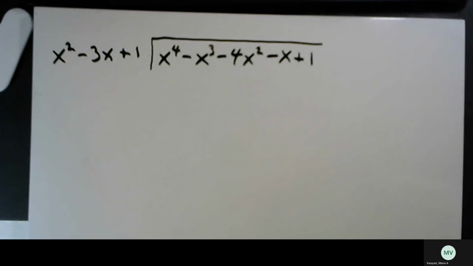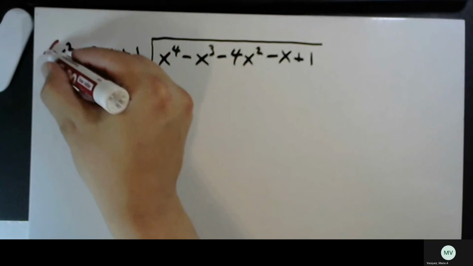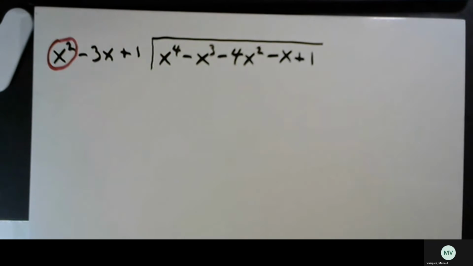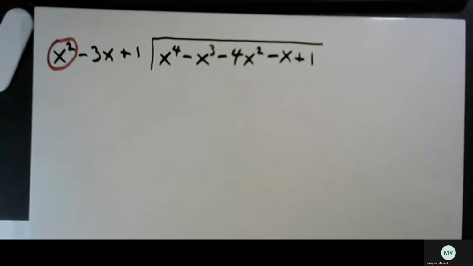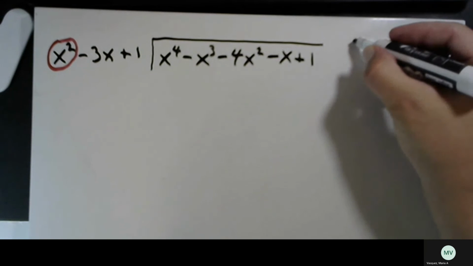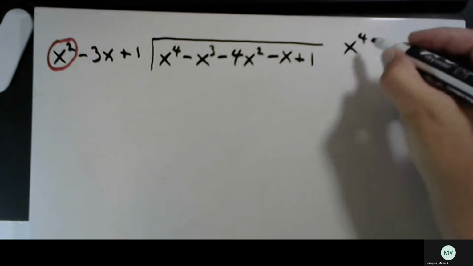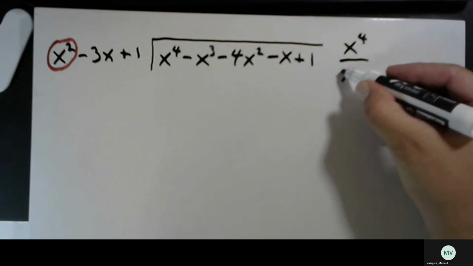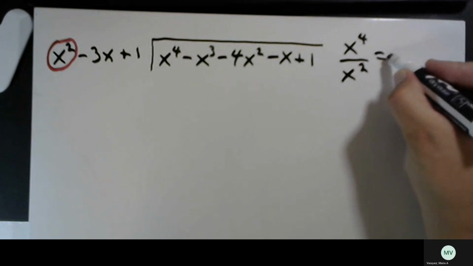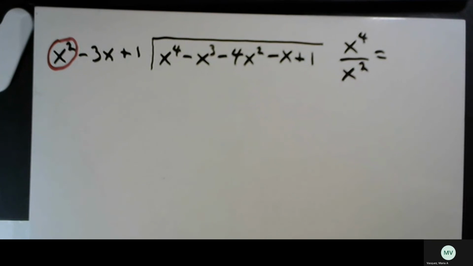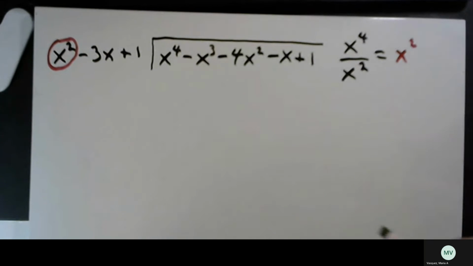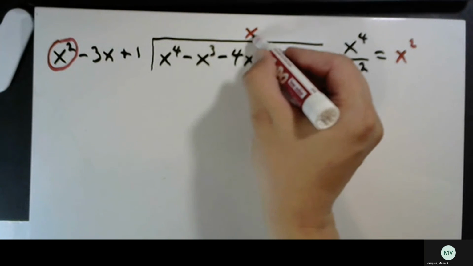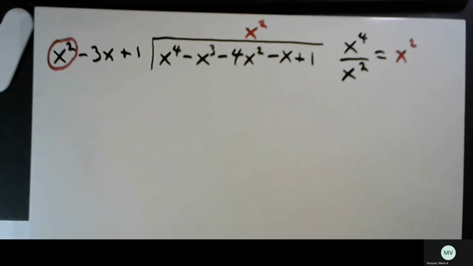So same procedure as before. The first term of the divisor is going to be doing all the work, or a good share of it. And we're going to divide by first terms. So x to the 4th over x squared, well, that's going to be x squared. So we put this in the degree 2 column, so to speak.